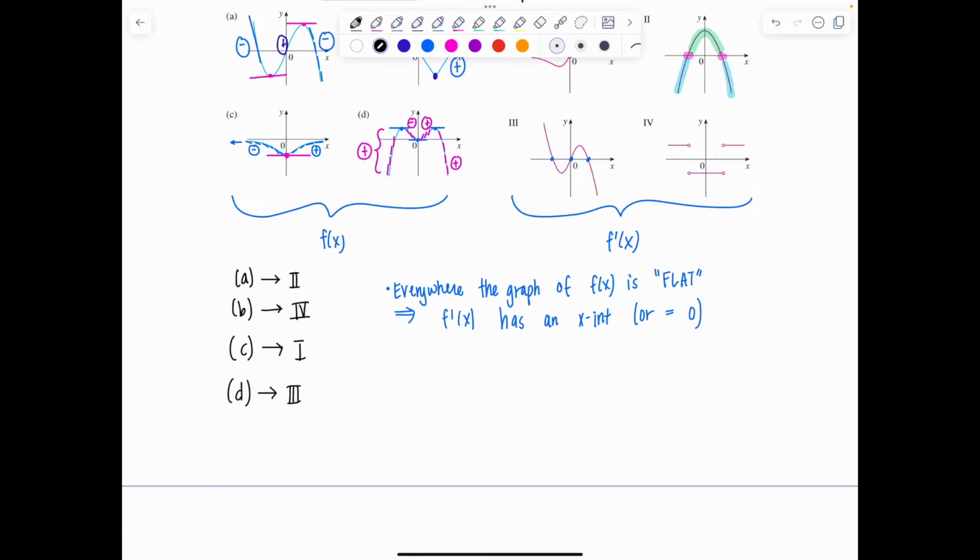Okay, so now when we move on to drawing the graph ourselves, I want to summarize what we learned, okay?